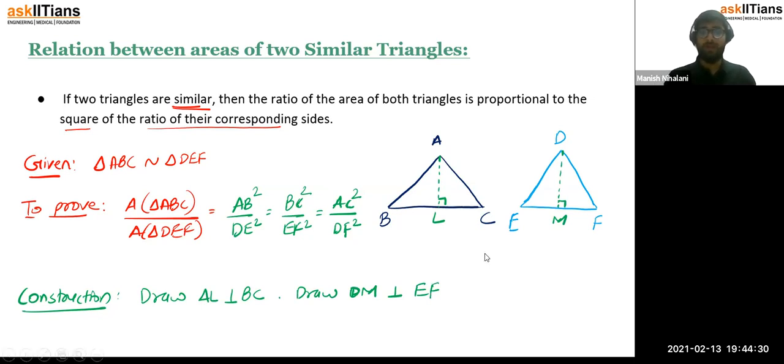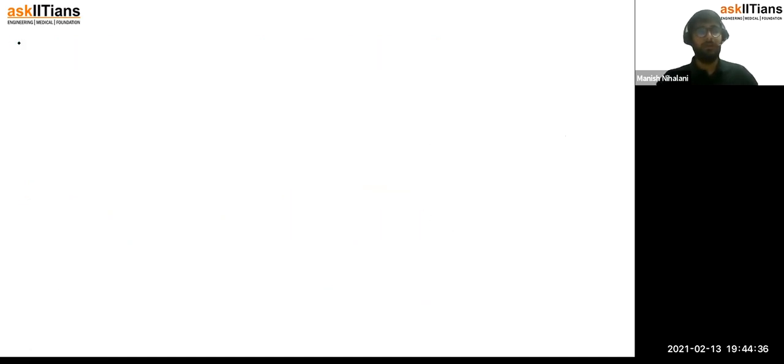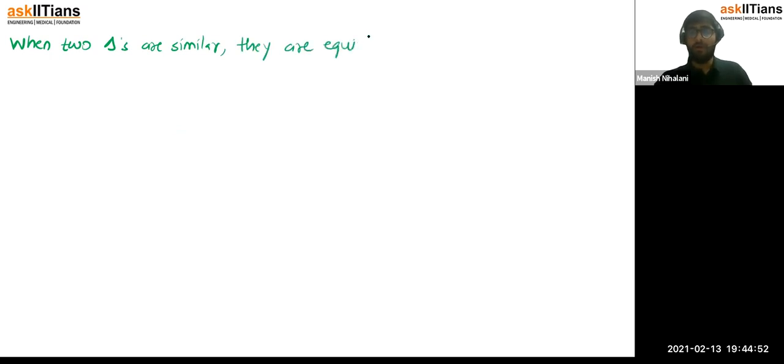What we are given, first of all, is that the two triangles are similar. So now we know one fantastic thing. When two triangles are similar, they are equiangular, which means all three angles of one triangle are equal to the three angles of the other triangle, and their corresponding sides are proportional.